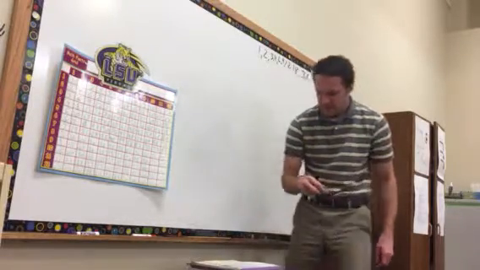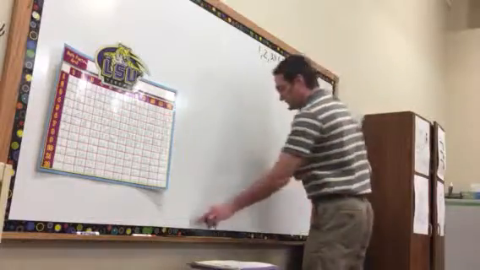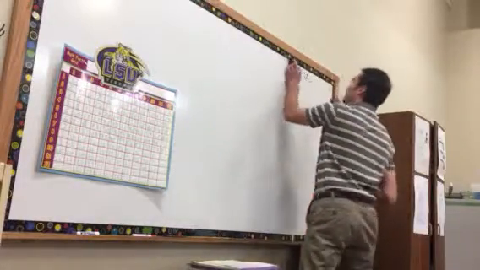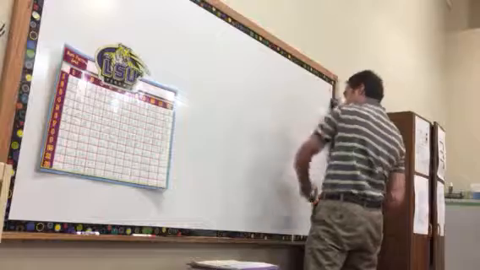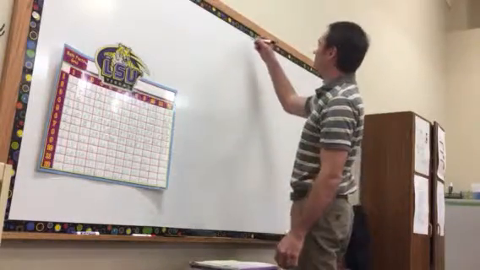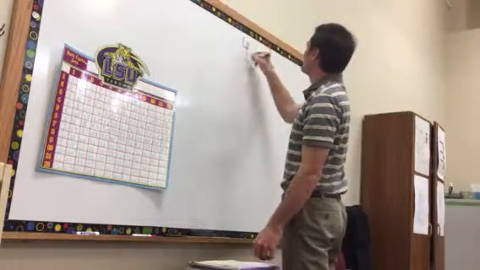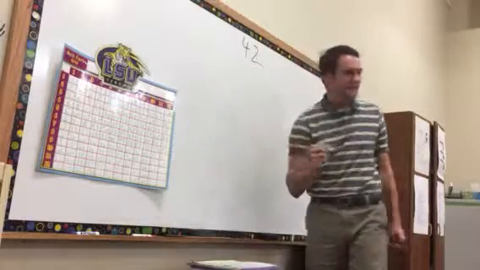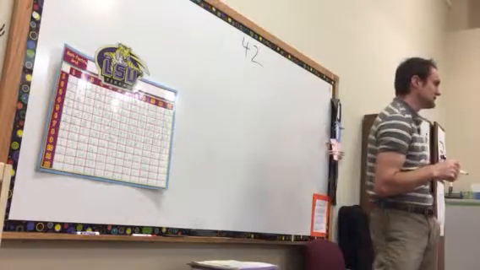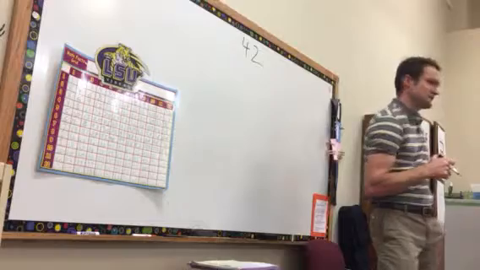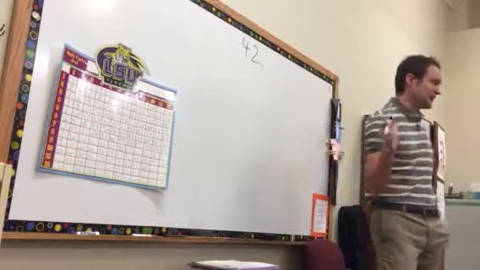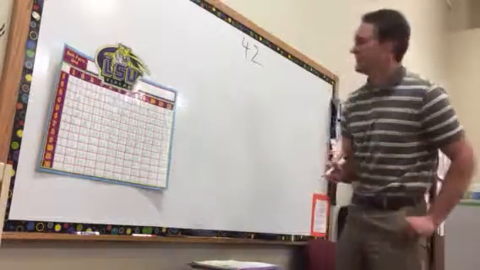And we have 42. We have the number 42. Write the number 42 on your whiteboard. And here's how I would work it out, and here's how you should work it out.